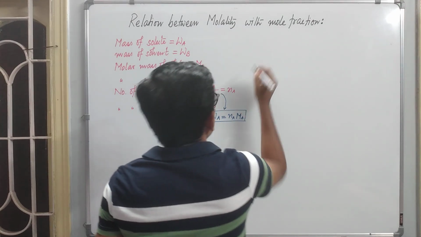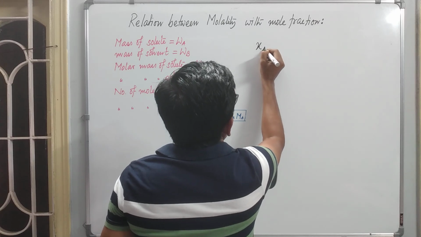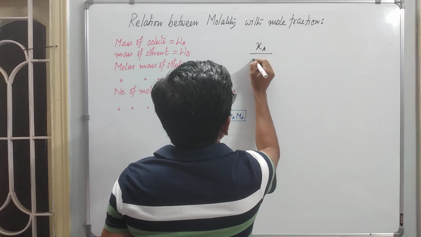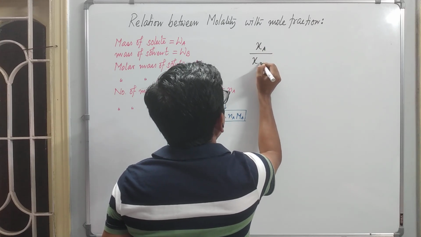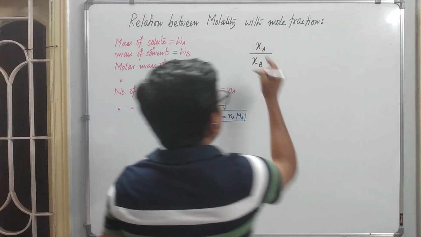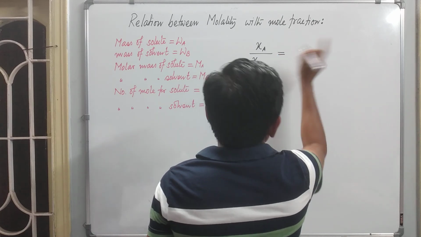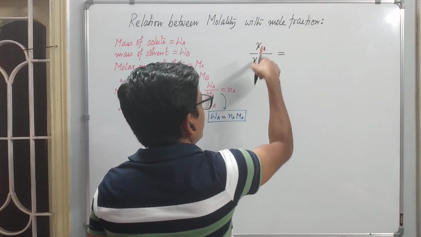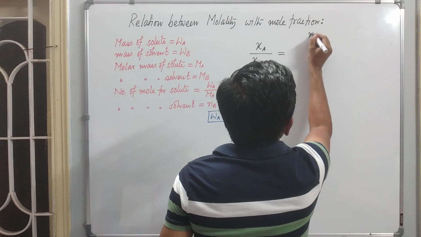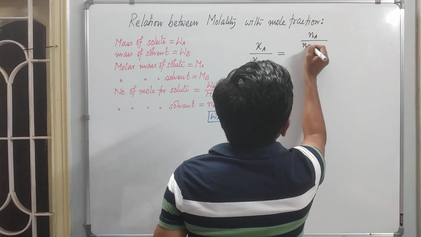In this case, you remember that we need to take the ratio of the mole fraction of solute and the mole fraction of our solvent. Now this one we know, it is basic. Let me write it. How to get the mole fraction of A and B? Simply, let me write one extra line so that you can understand it clearly.